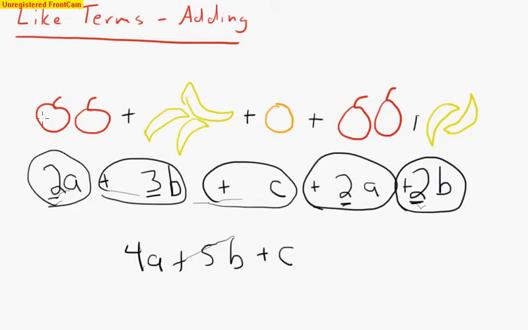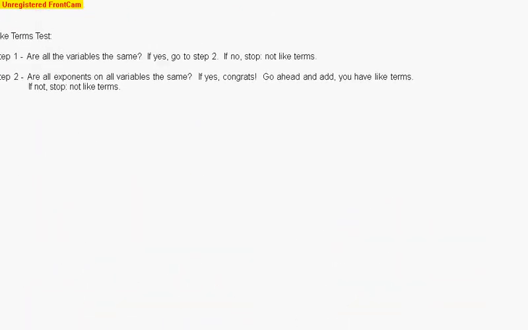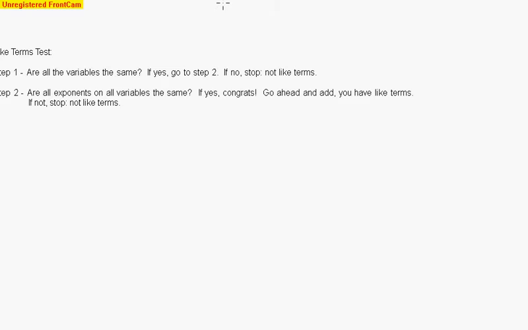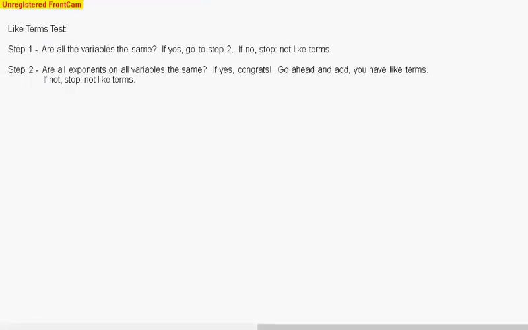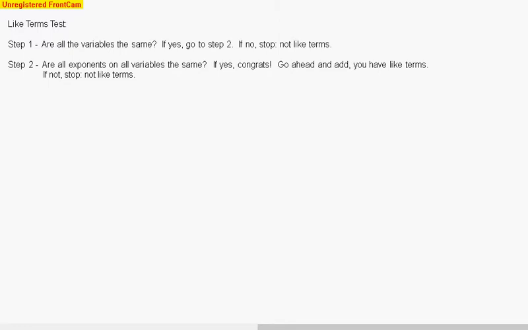So this is kind of a fruit illustration, and we're going to learn about combining like terms when it comes to just algebraic expressions. If we were to go through an example here, first we're going to look at our test.